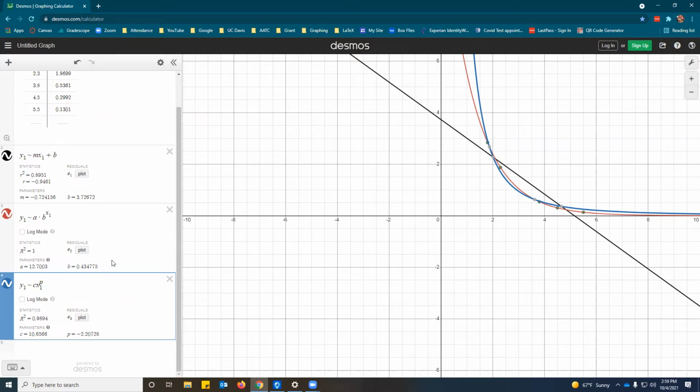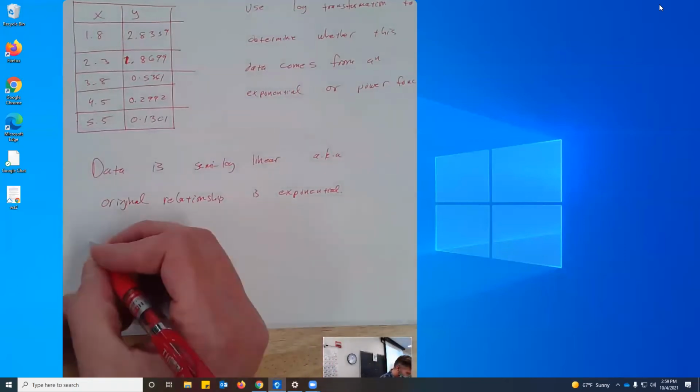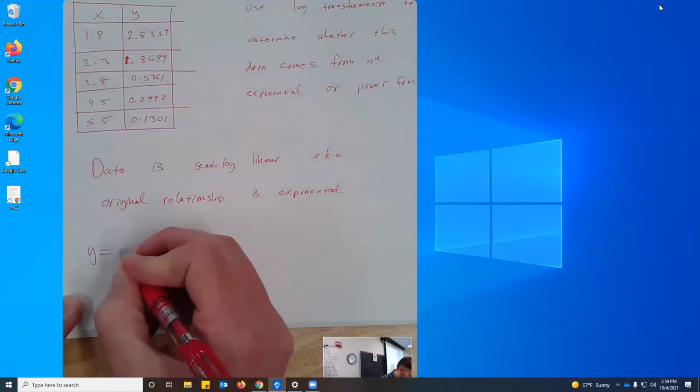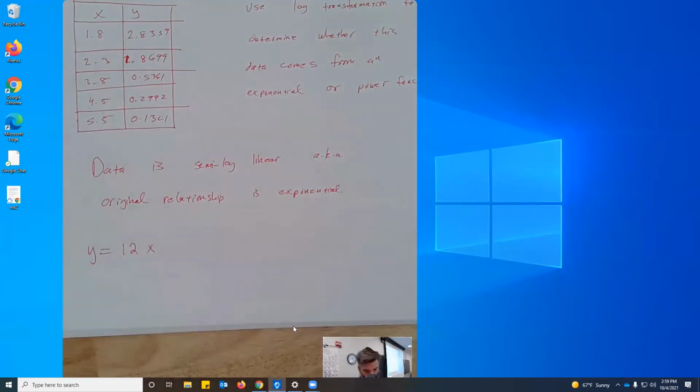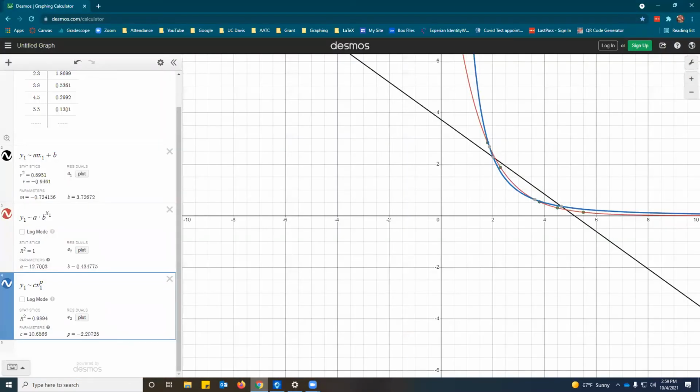Now, I probably wouldn't write all those decimals, but I would say, okay, it's looking like Y equals, I'd probably go with 12 times X to the, sorry, I forgot what the other value was because I minimized it there. 12 times X to the, I would probably go 0.434, I don't know, it seems like a lot.